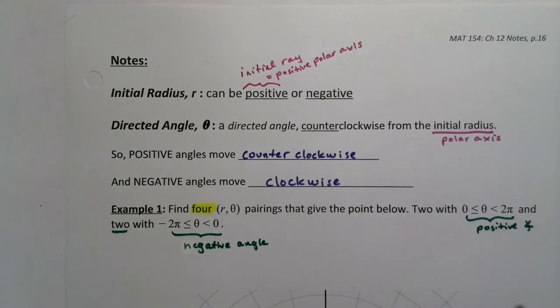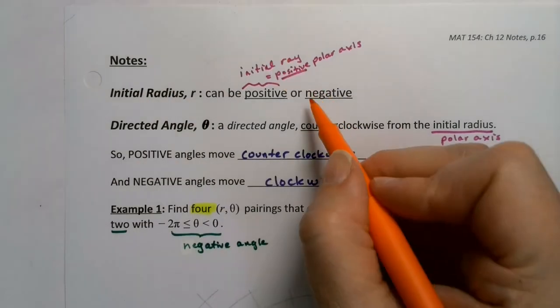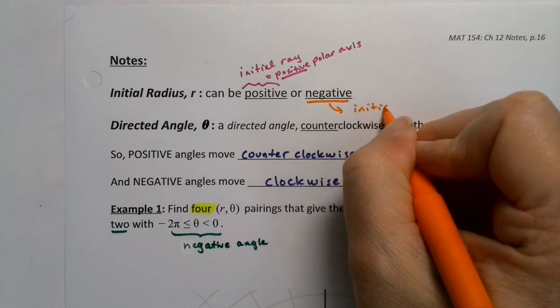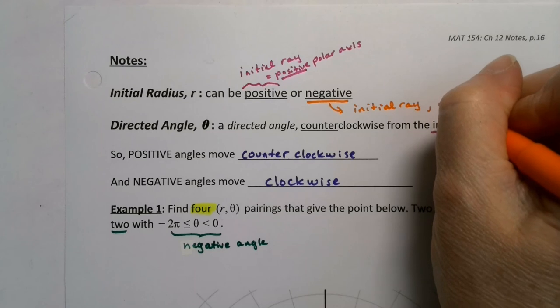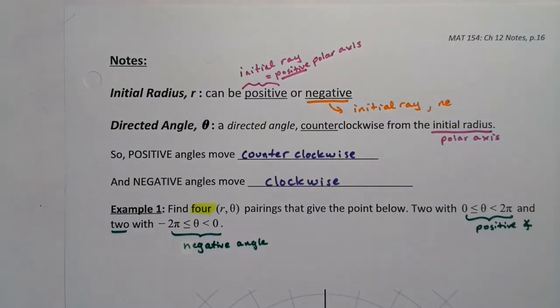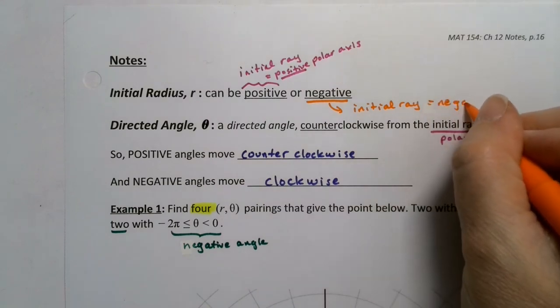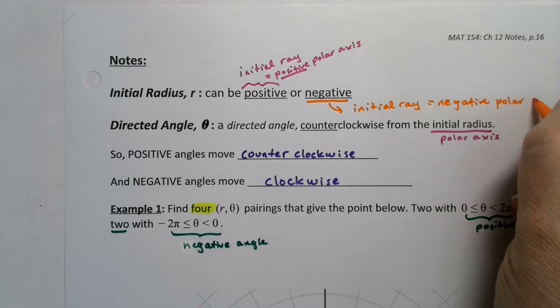When you have a negative value as your start, it means that your initial ray is actually the negative polar axis, the negative x-axis.